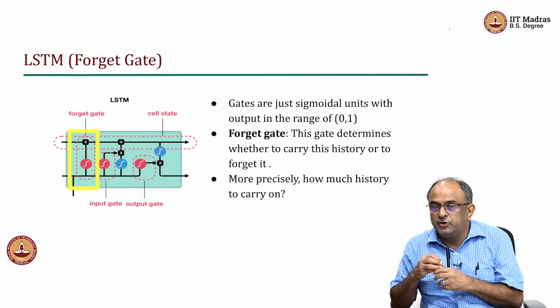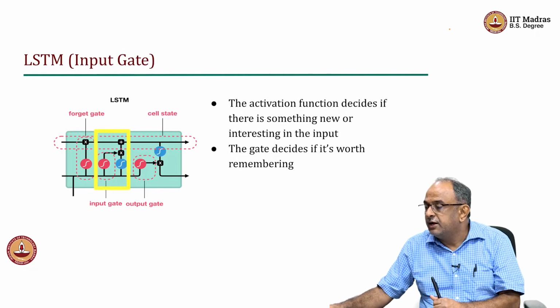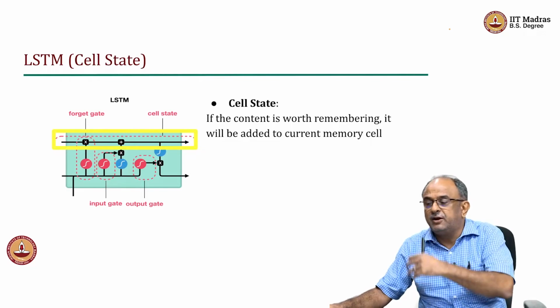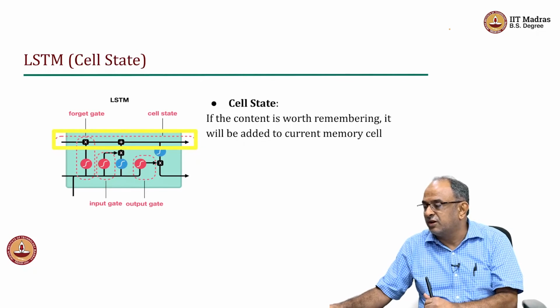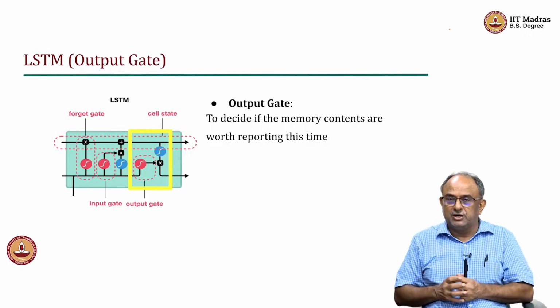These ideas are built into the cell, so that if something is not important it tends to forget, but if it has to be carried, it is put through a conveyor belt kind of thing, the cell state, which goes from one cell to another, from one time instant to the next.